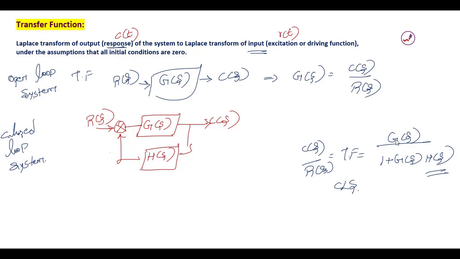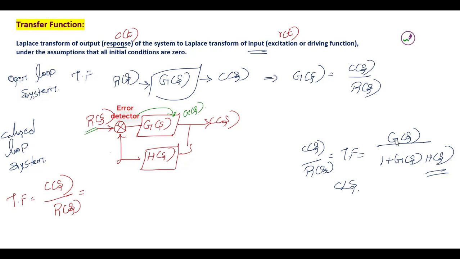So this is the general structure of a closed loop system. And the transfer function C(s) divided by R(s) is calculated as follows: the input reference signal is applied here. This is the error detector, and with the gain multiplication we have a response like this, that is G(s).